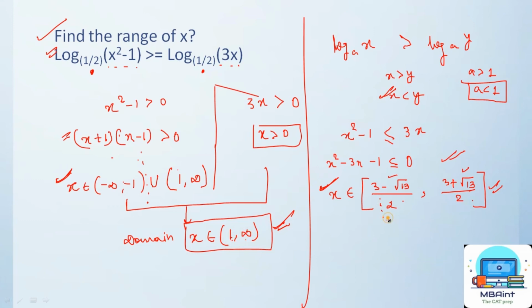I cannot have the negative part, because the common part is from 1 to positive infinity. So your final answer is x belongs to 1 up to the maximum value till here. That's the common part, right? All right, so this is my final answer.